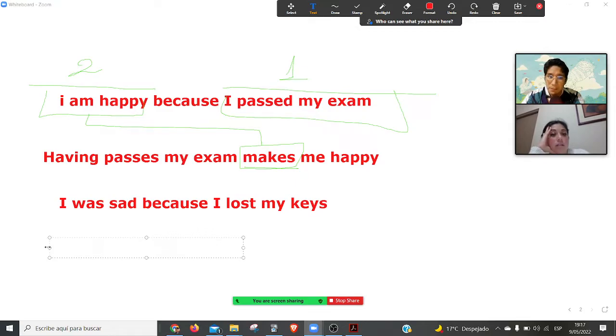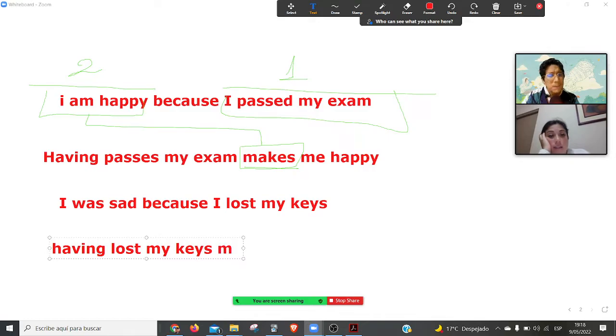The verb is past. You start with having and then the verb in past participle. What is the participle form of lost? Yes, having lost my keys.